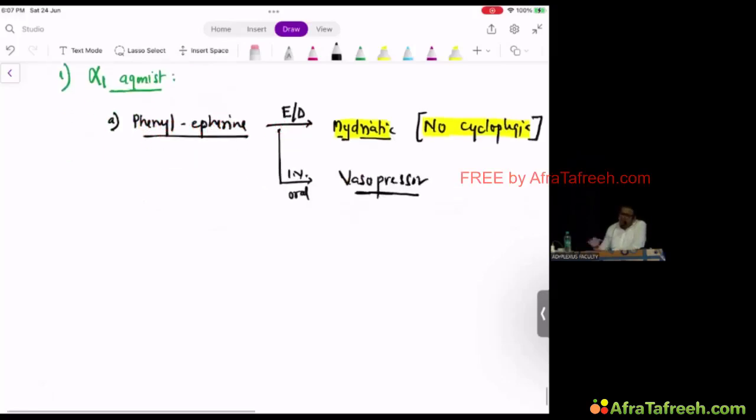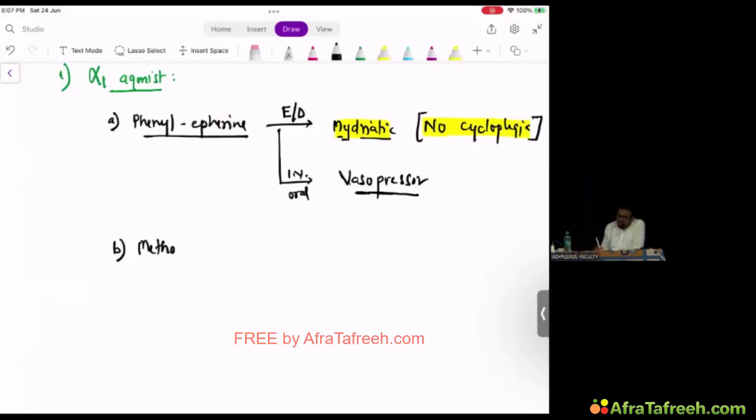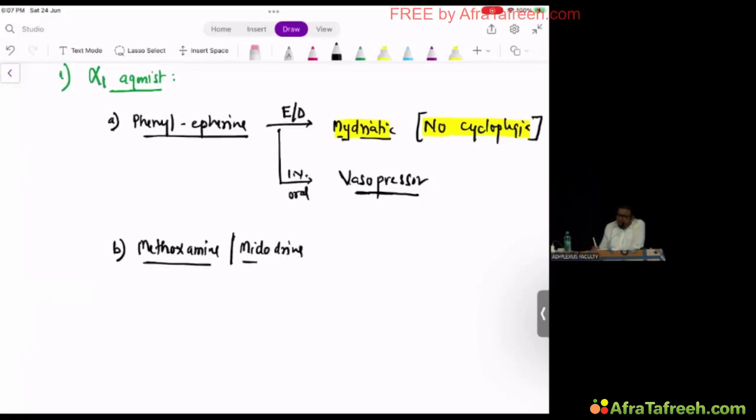These are 2 uses of phenylephrine. Then you have drugs like methoxamine, midodrine, mephentermine. Again, these drugs are used as vasopressor, as a vasoconstrictor. Again, for treatment of shock.